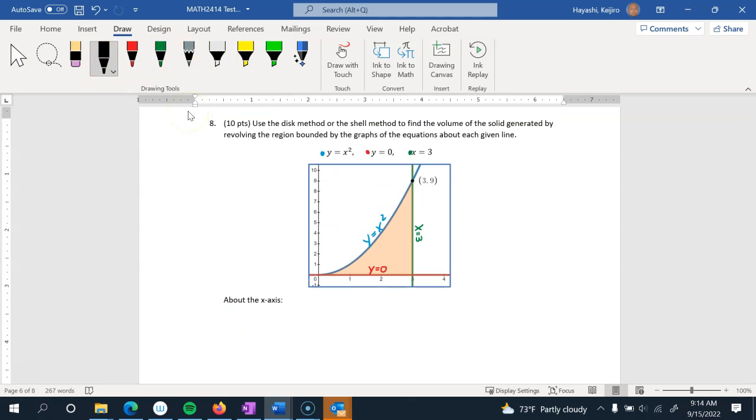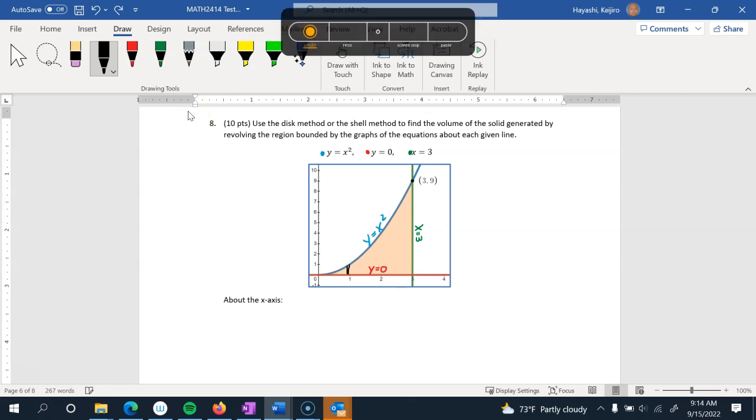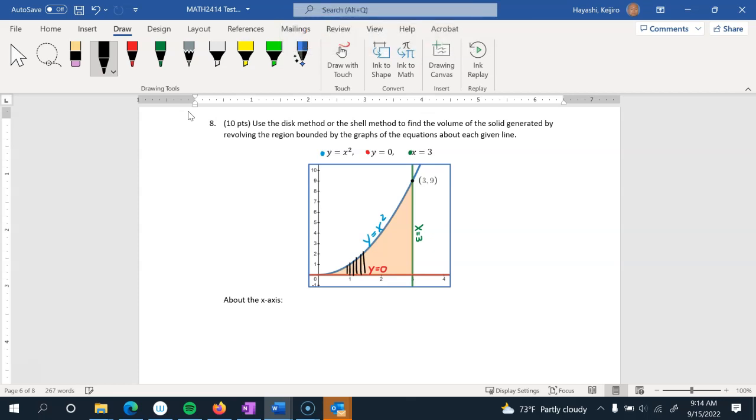This region is easier to conceive of as being sliced up this way. That is to say dx. Than it would be if you were to cut it this way, because then if you cut it this way, you'd have to talk about the slices, the tops of the slices being x equals 3, that vertical line, and the bottoms of the slices being, particularly if we were talking about it in terms of y, x equals the square root of y.